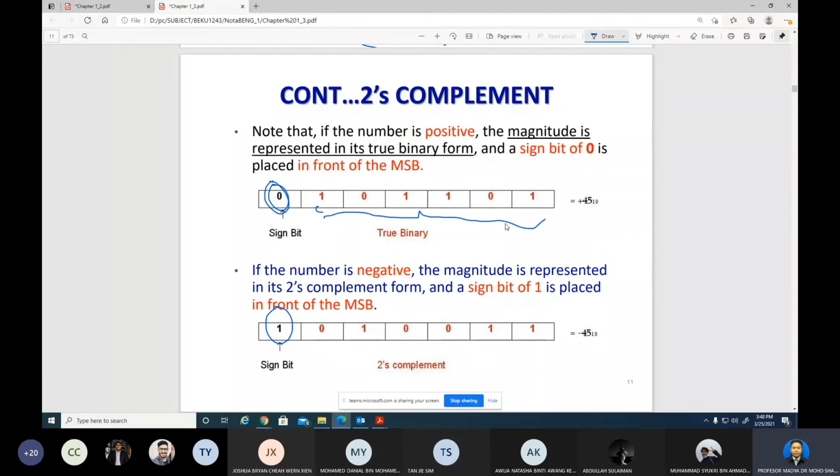This is the value of the number. For example, when we convert, we get 45. And then this is the sign bit, either positive or negative. If we put 0 it will be positive, and if we put 1 it will be negative.